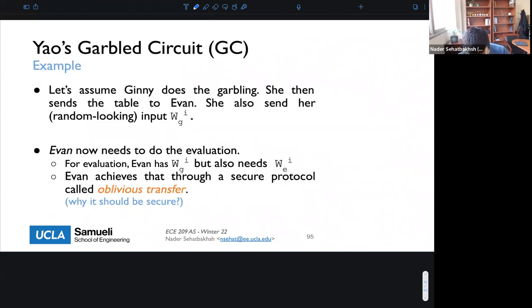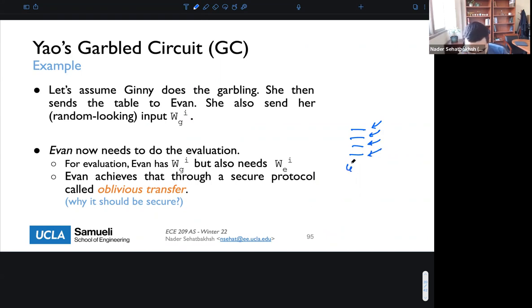So going back to our garbled circuit, we are at this stage where Evan is the evaluator. Evan has access to 4 values, which are the encrypted values of the truth table.